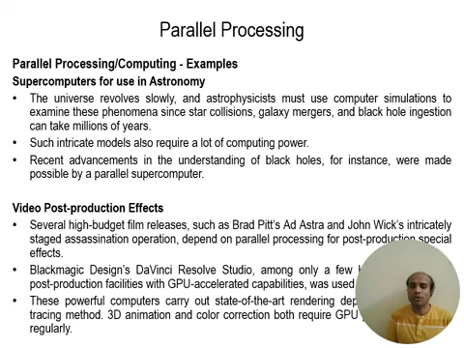Such intricate models also require a lot of computing power. Recent advancements in the understanding of black holes, for instance, were made possible by a parallel supercomputer. So that's how we use this in astronomy.